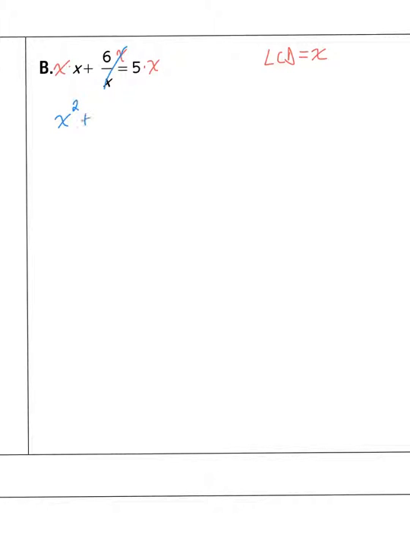These x's cancel and I get plus 6. Equals 5x. Get one side equal to 0, so I'm going to subtract 5x. So I get x squared minus 5x plus 6 is equal to 0.